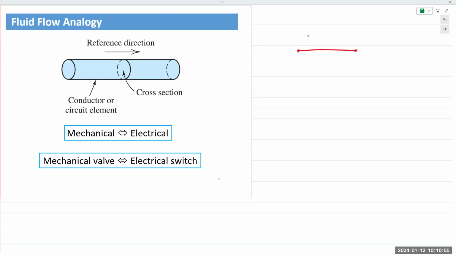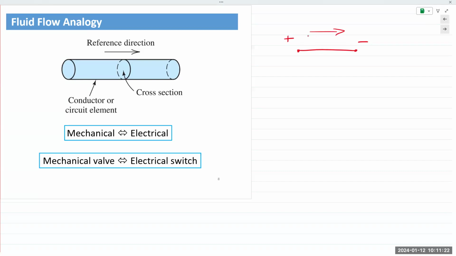If you have an electric potential difference at either end of that conductor due to an applied voltage or source or element in the circuit, then we would have current flow. Current always flows from high to low, like everything. Okay, always goes from plus to minus, except when it's a source.